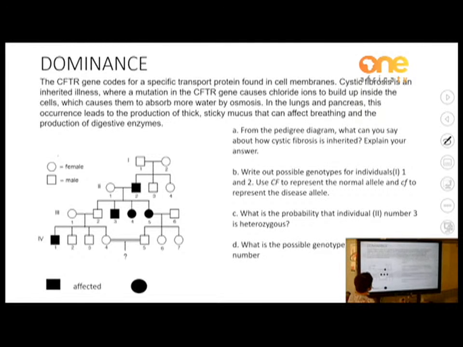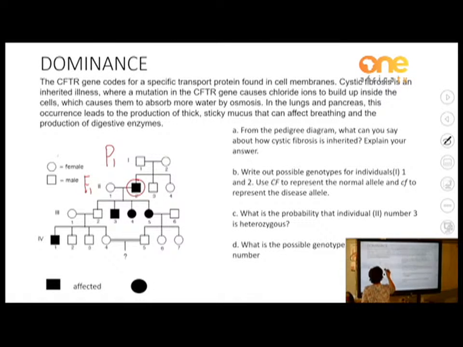From the pedigree diagram, what can you say about how cystic fibrosis is inherited? Explain your answer. I have female and male, and the colored ones are the affected ones. If I look at the parents and the F1, the first generation, I see one has cystic fibrosis, and the other two do not.